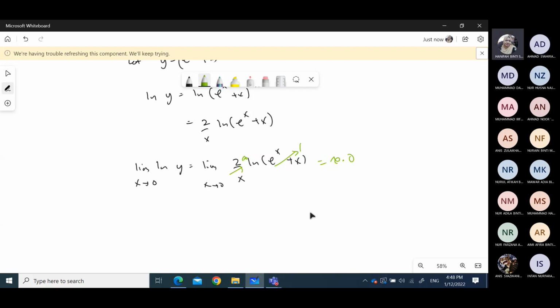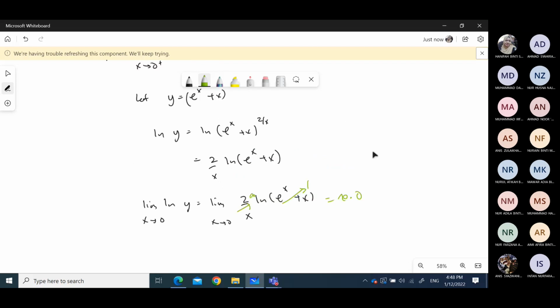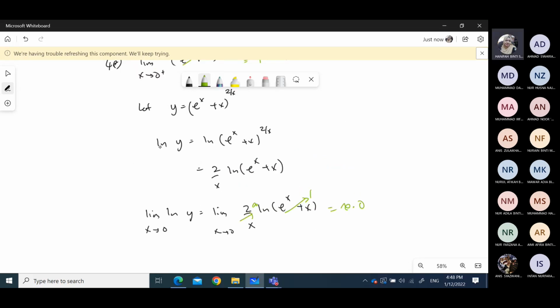Madam, how did we get the natural log? For natural log, we put it on the left and the right side. We want to use the logarithmic property to bring the power, or index, down. The technique is to use the logarithmic law: natural log of b to the power of a is equivalent to a times natural log of b.